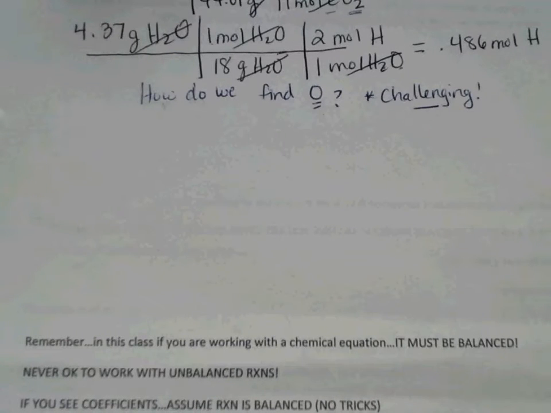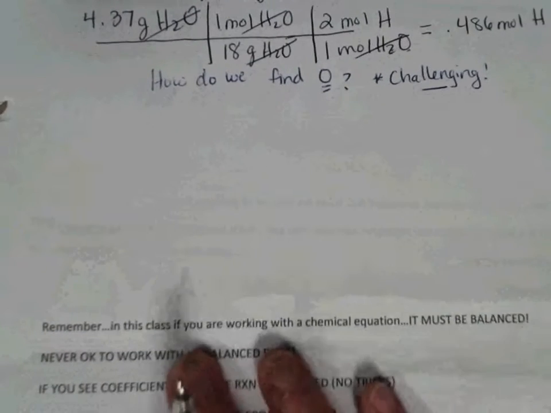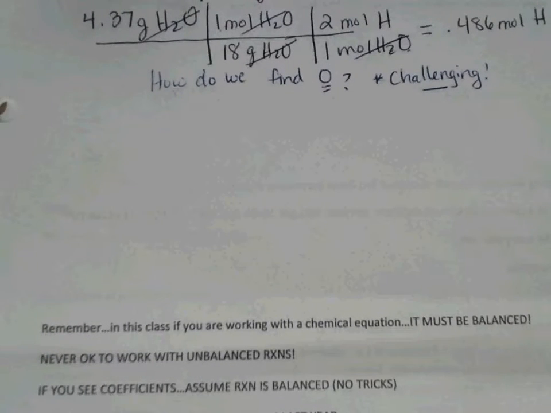So what we're going to have to do is, and this is going to sound crazy, but just trust me, this is one of these logical thinking things where you have to go through your process and really know what's going on. I've got moles here.